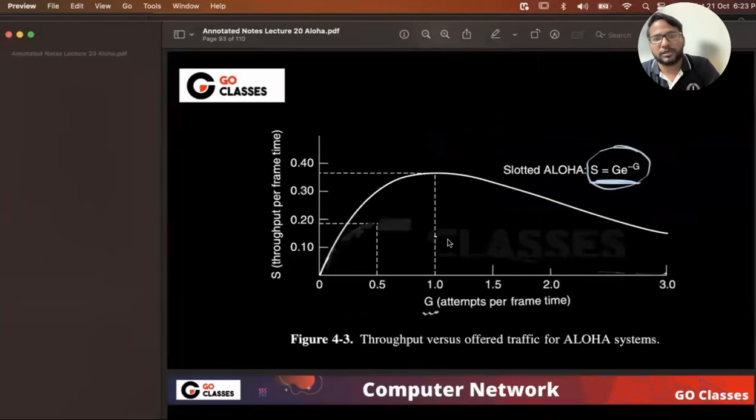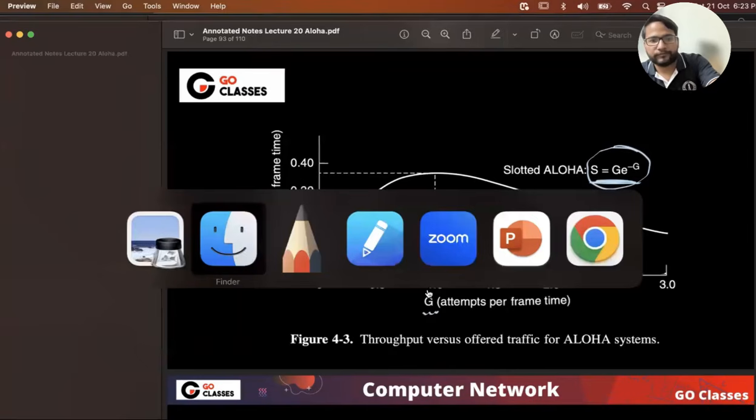So this is the graph. If you are increasing G, then the throughput is decreasing. If you are having lesser G, then also throughput is less. But if G equals 1, then throughput is maximum. Which means if the system is generating one frame on average, one frame per slot, then it is the best case, right?